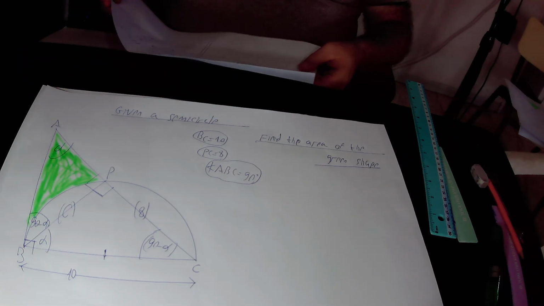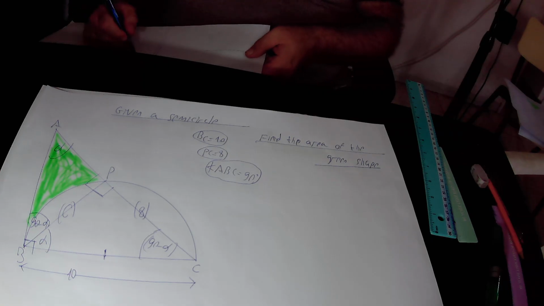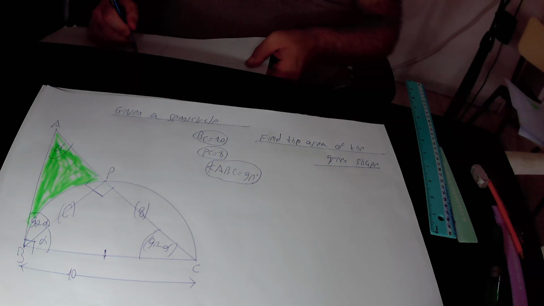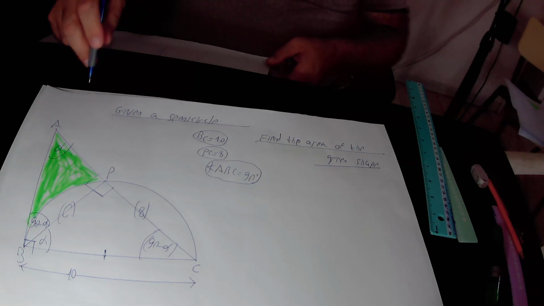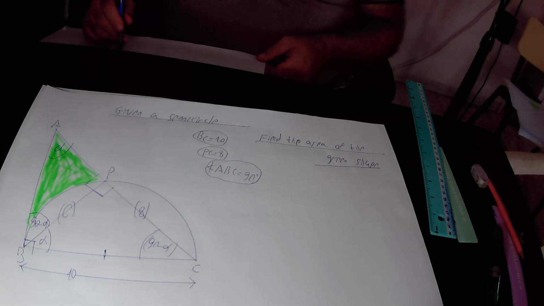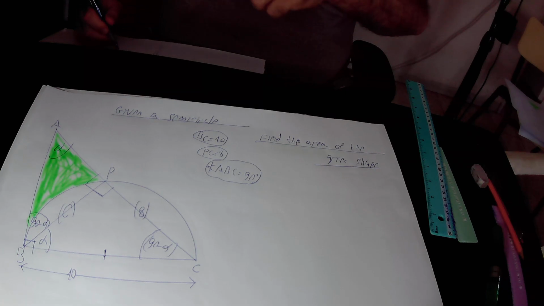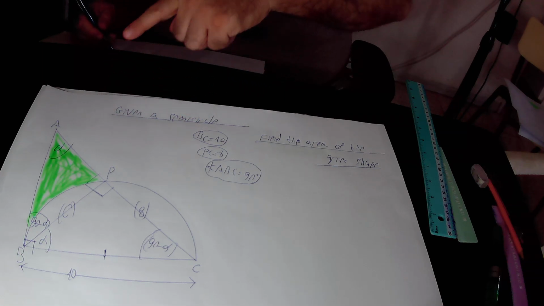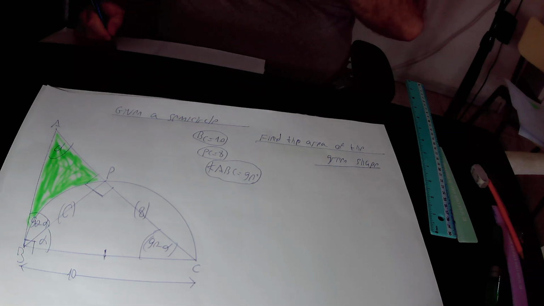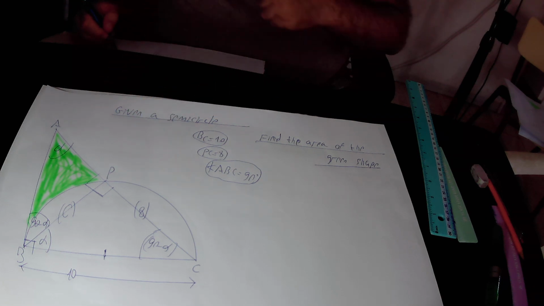BC equals 10 units in length according to what is given in the question, over AB. AB is the missing side, so we leave it as it is. And it is equal to PB. PB is 6, over AP. AP is the missing side, so we leave it as it is.